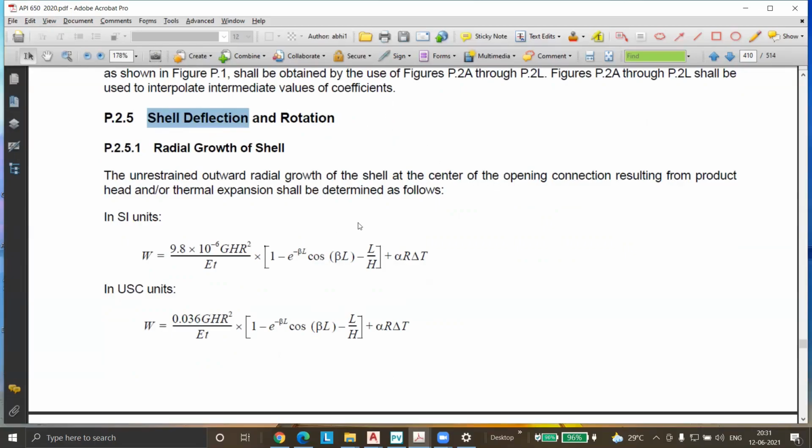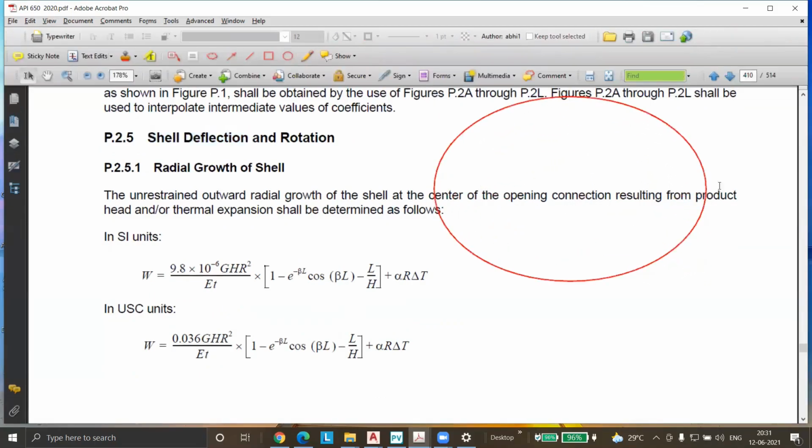Because these tanks are very large, even a small temperature change will create a radial growth of the shell. So I should be able to know how much radially my shell can grow because of the thermal expansion. These things are not available in ASME.